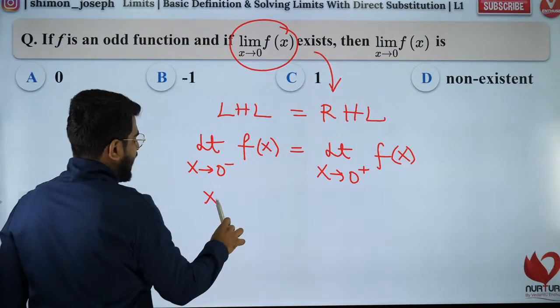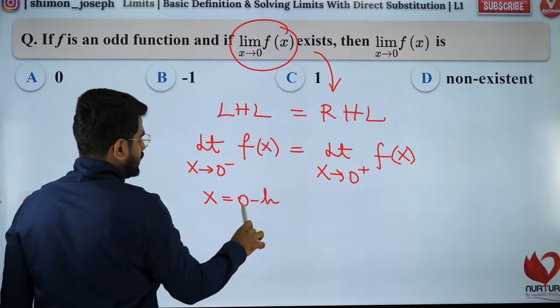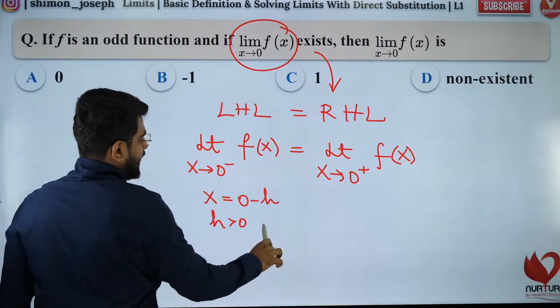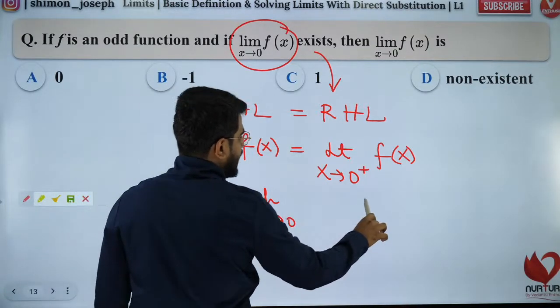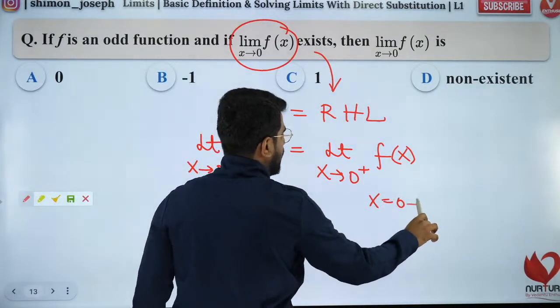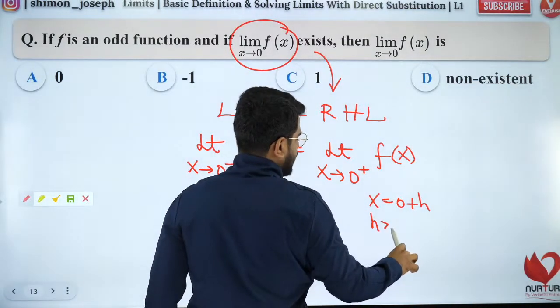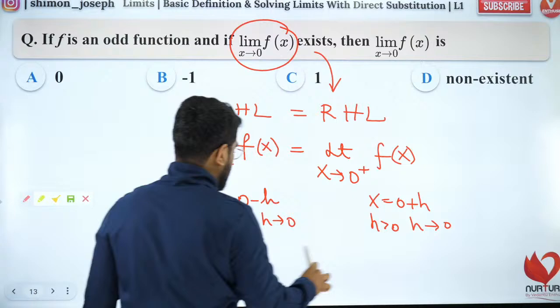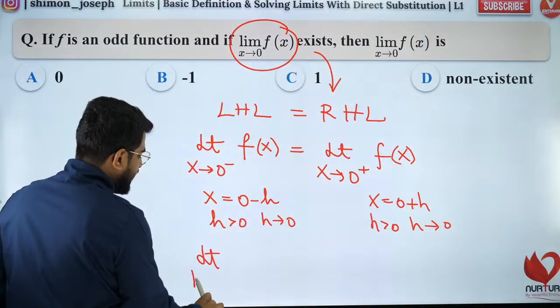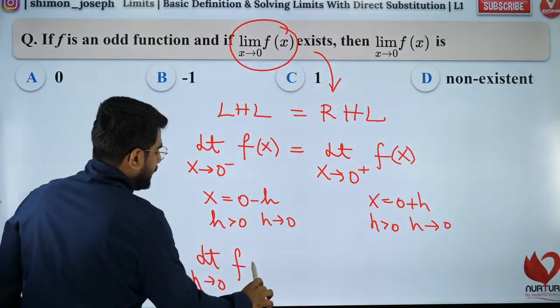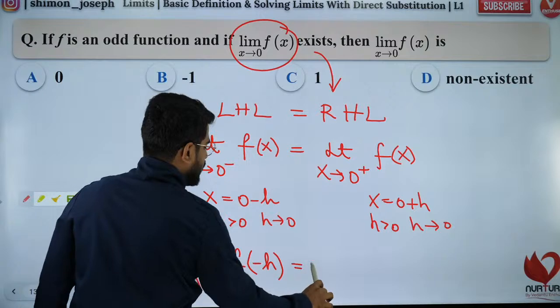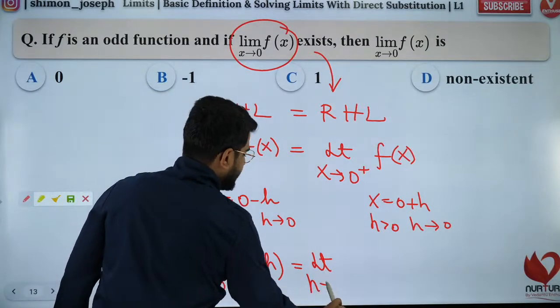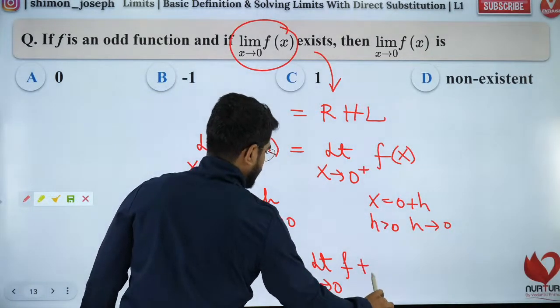So here I can say x is equal to 0 minus h, h is positive and h tends to 0. And here x is equal to 0 plus h, h is positive and h tends to 0. So I will get limit h tending to 0 f of minus h is equal to limit h tending to 0 f of plus h.